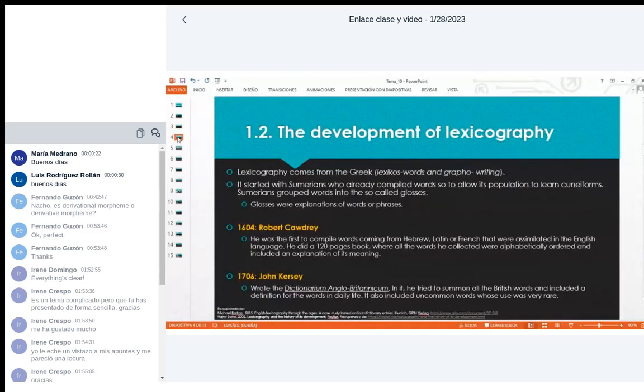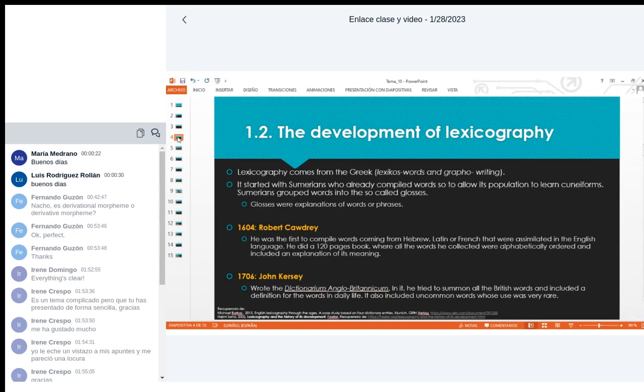Right, so what is the meaning of the word lexicography? Lexicography comes from the Greek terms lexicos, understood as word, and grapho, writing. So it really is the writing of words, how we write words. This aspect of lexicography really started with the Sumerians, who already had a sort of dictionaries that allowed the population to understand and have a pattern of writing.